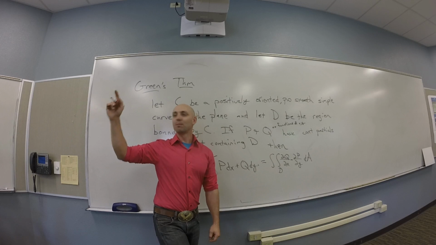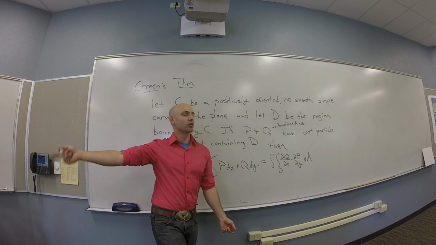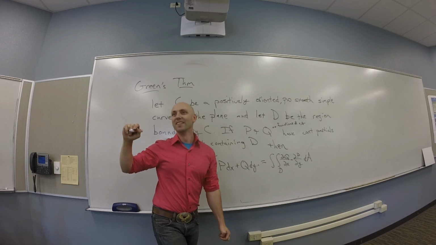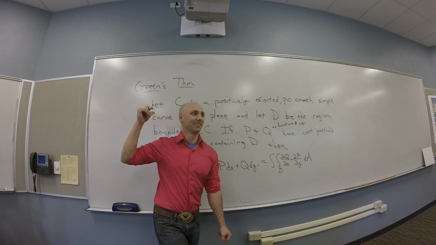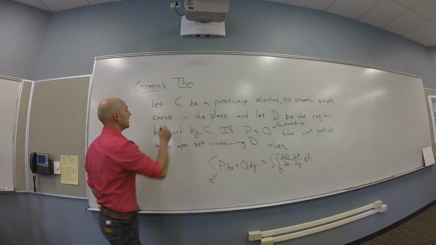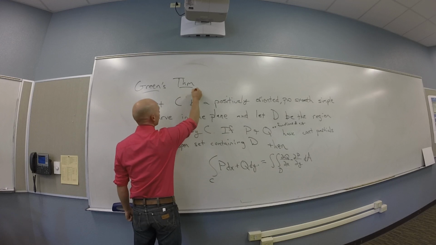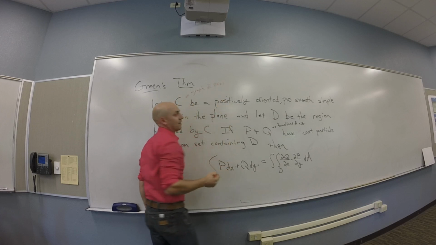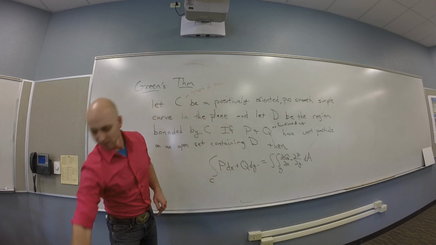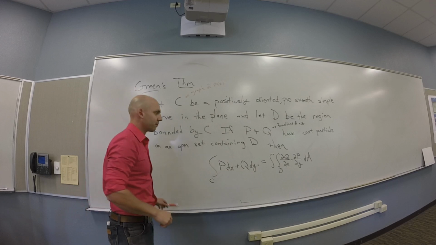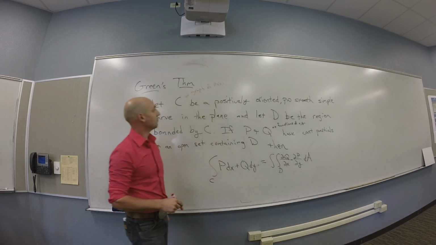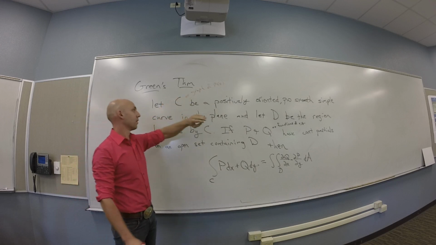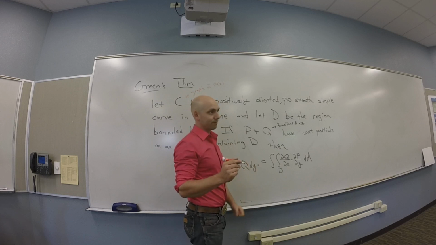Good. It's a parametric function whose image is in the plane, right? So for C, what I'm really thinking is kind of the graph of an r of t, right? Okay, so C is the graph of some parametric curve.